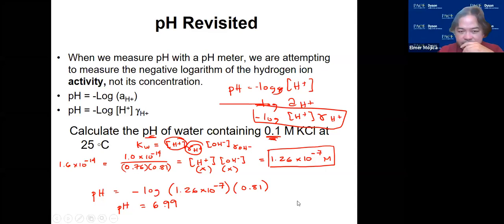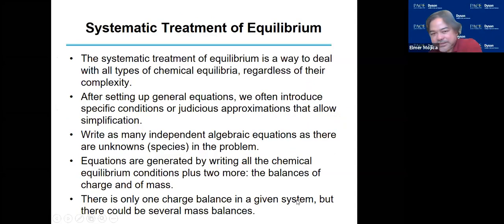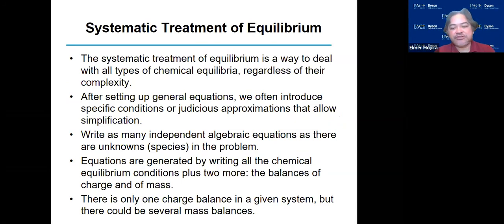So let's go on to the systematic treatment of equilibrium. The systematic treatment of equilibrium is a way to deal with all types of chemical equilibria regardless of their complexity. After setting up the general equations, we often introduce specific conditions or judicious approximations that allow simplification. So you write as many algebraic equations as there are unknown species in the problem.